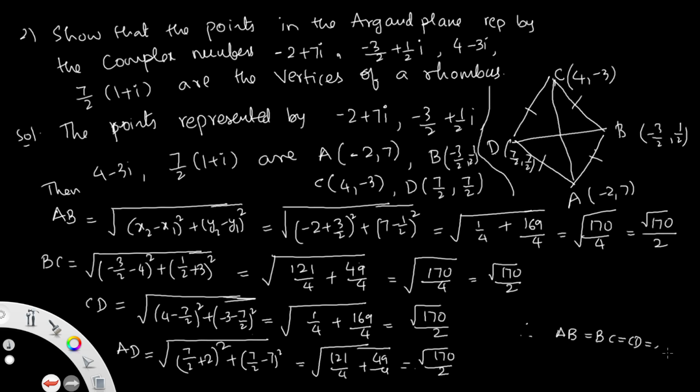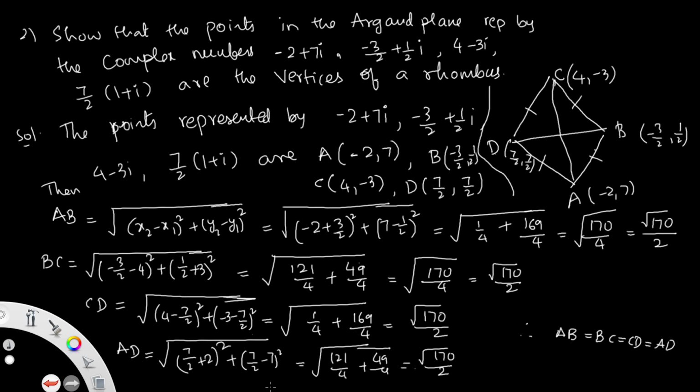But it is not over. The sides are done. Now find the diagonals. If the diagonals are not equal, then it forms a rhombus. If the diagonals are also equal, it forms a square.